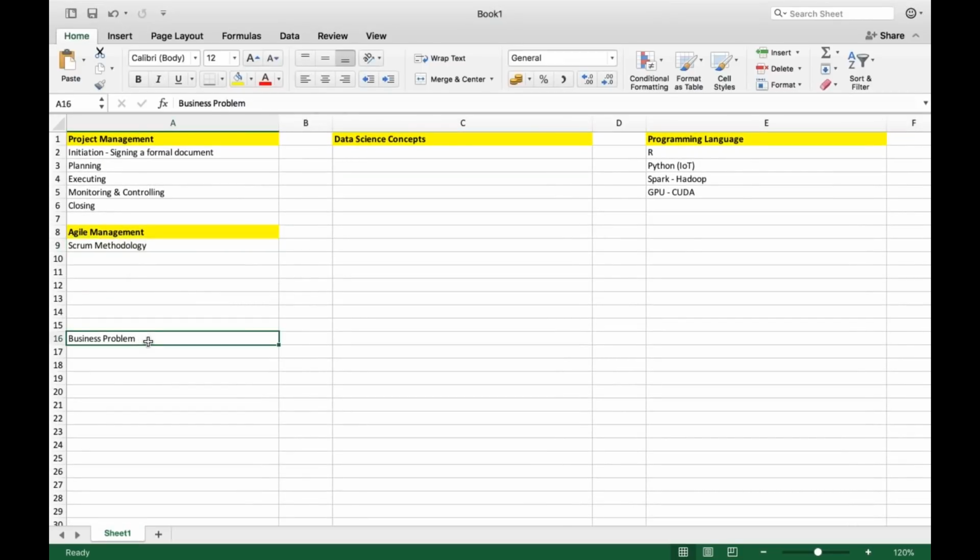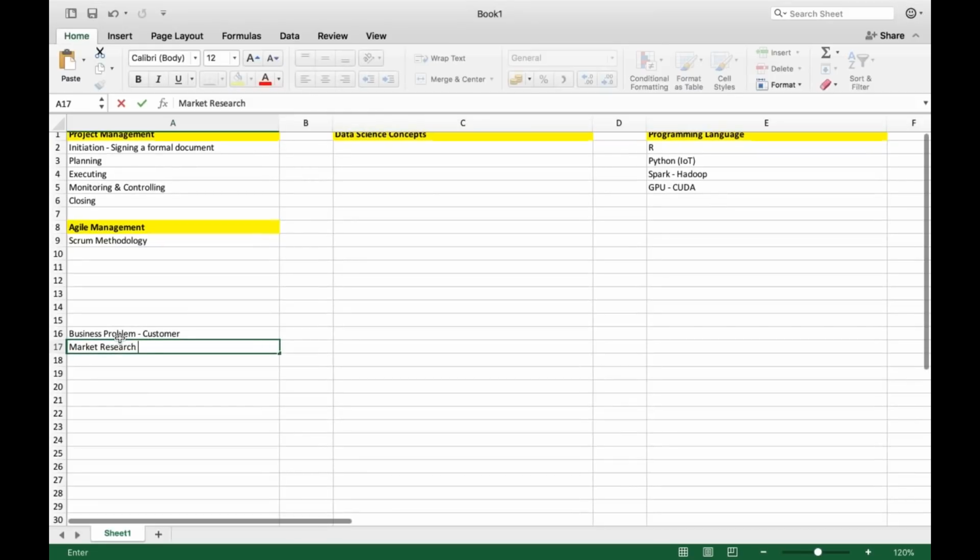Okay, now once you know what the business problem is from the customer, you need to do your own market research, because you're not really sure about whether customer is clear about the business problems that can be solved using data, or is there any other business problem which is more pressing than the business problem which the customer has given you.